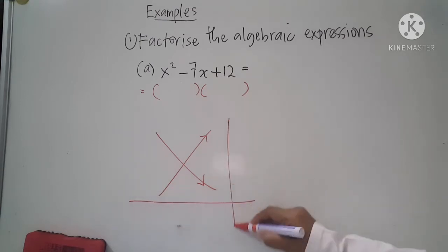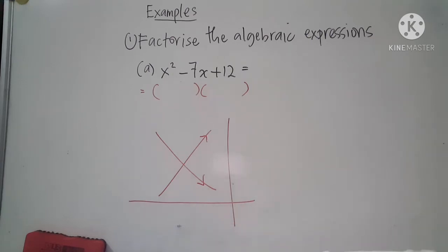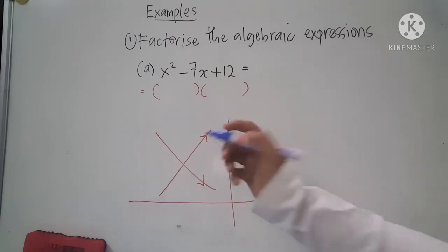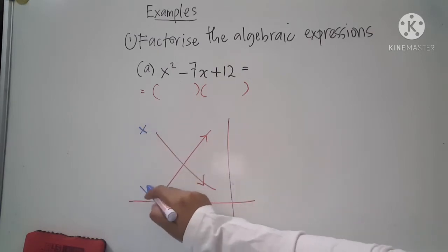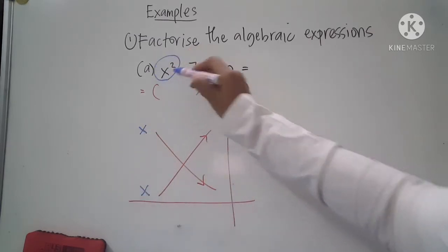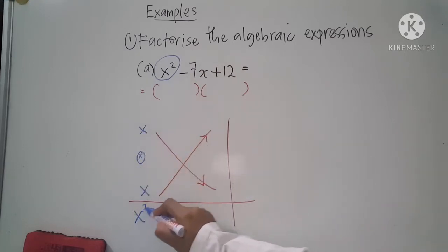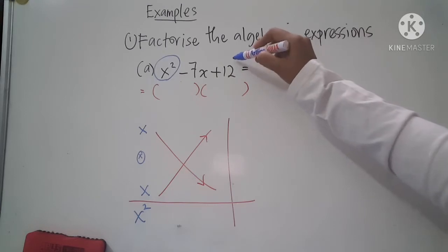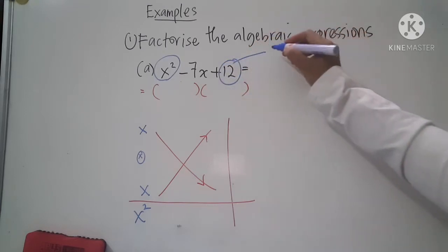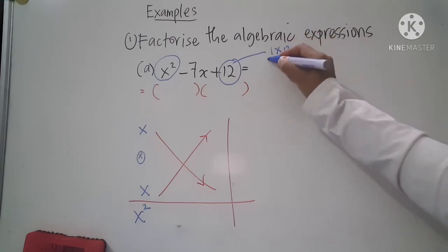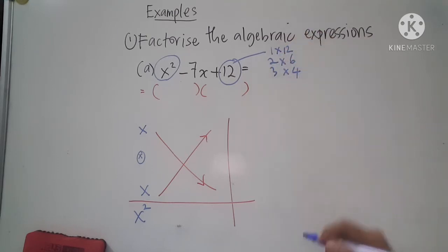As you can see from your textbook, it's like this, and the term that we are going to put in front here is the x. This one referring to the x squared. x times x, we got x squared. In order to have the 12 here, this is 1 times 12 or 2 times 6 or 3 times 4.